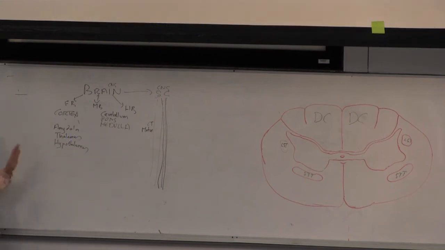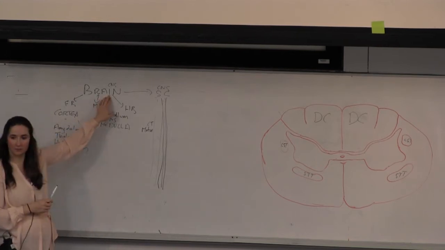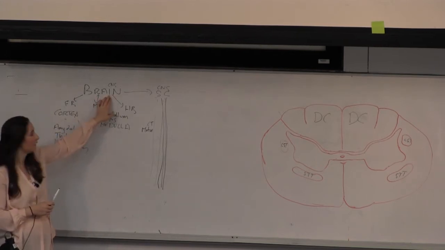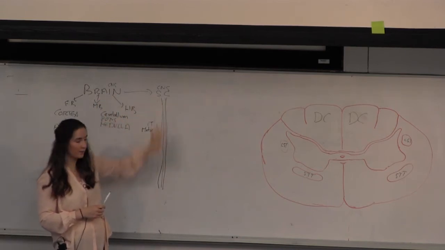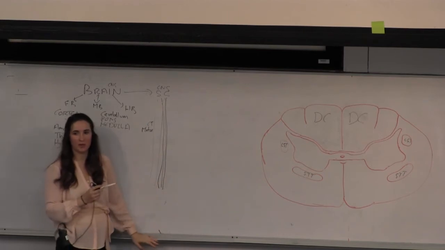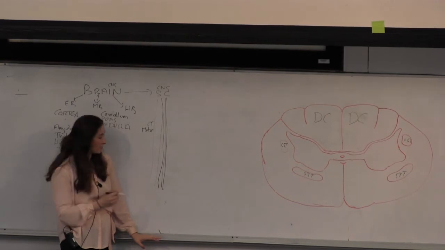So, if someone has weakness, the weakness could come because they have a lesion in the brain. Yeah? They have a lesion in the spinal cord. They have a lesion somewhere coming out from the spinal cord. So what comes out from the spinal cord? Yeah, nerve roots, right?